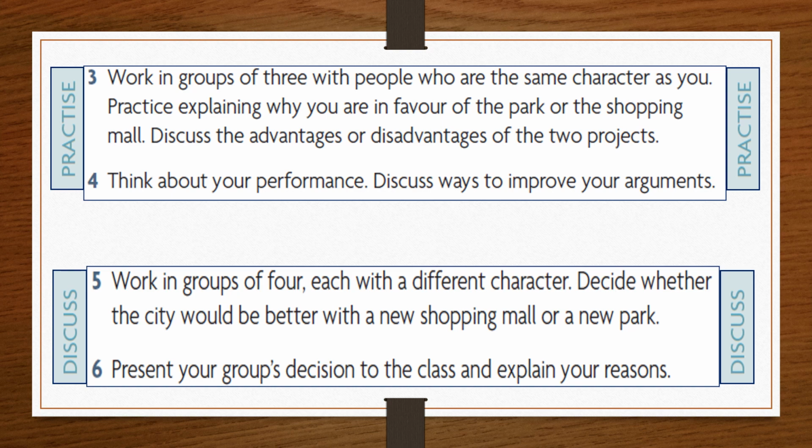I'm with building a park because the advantages are 1, 2, 3, and 4, and the disadvantages of building a new shopping center are 1, 2, and 3. The opposite one is going to speak back in an opposing argument. No, I'm with building a new shopping center because the advantages are 1, 2, 3, while building a park, the disadvantages might be 1, 2, and 3. These are the opposing groups.